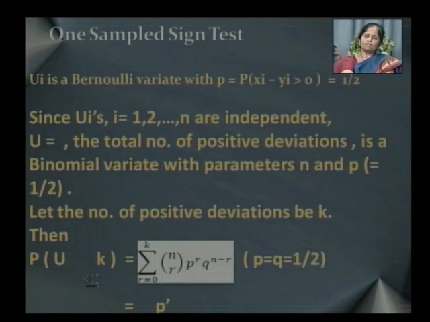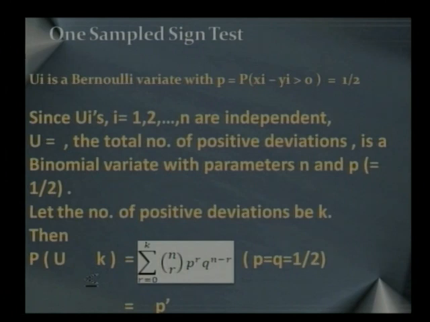Now let us consider the distribution. The ui's follow a binomial variate with parameter p, where p is the probability of success, which here is the probability of the positive sign, equal to 1 by 2.